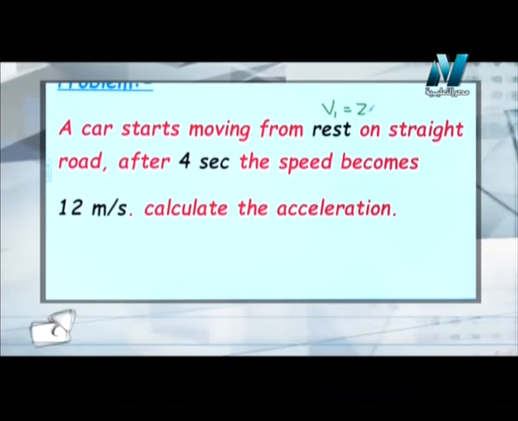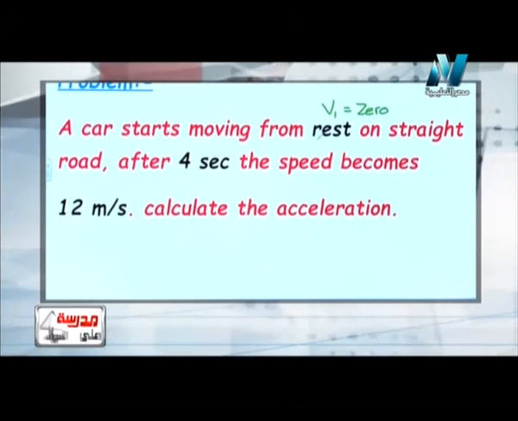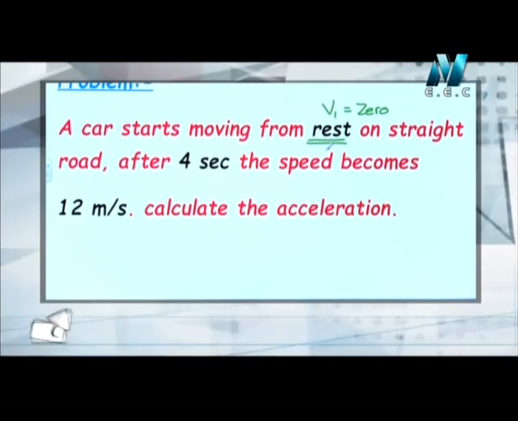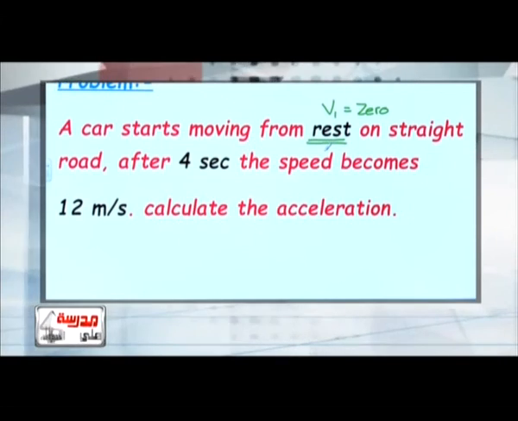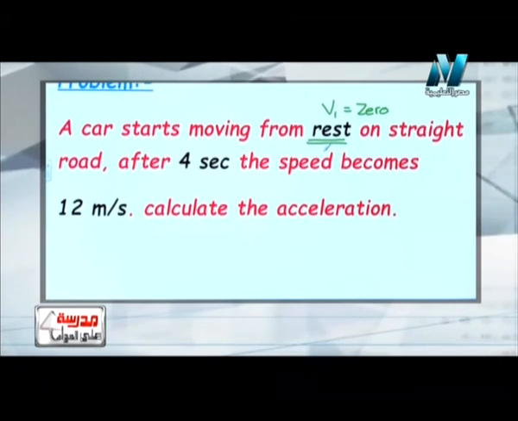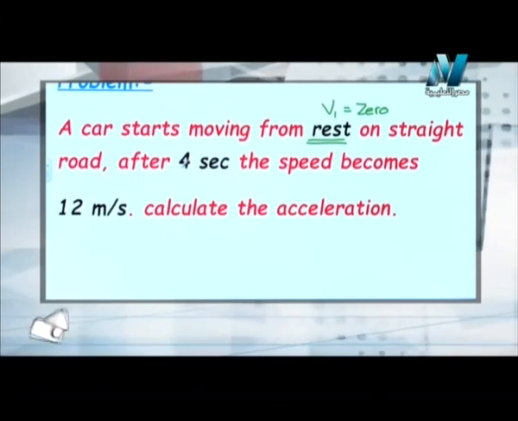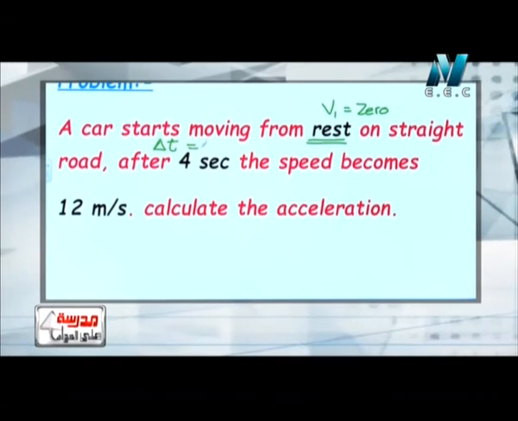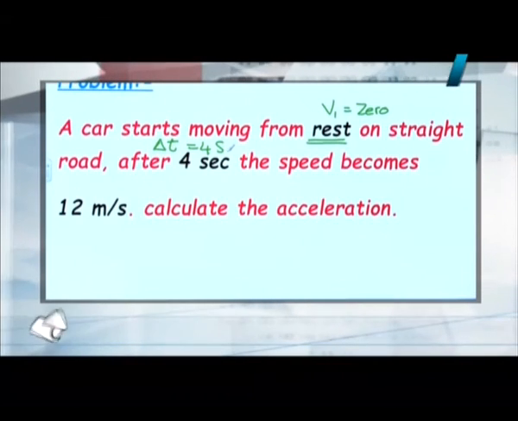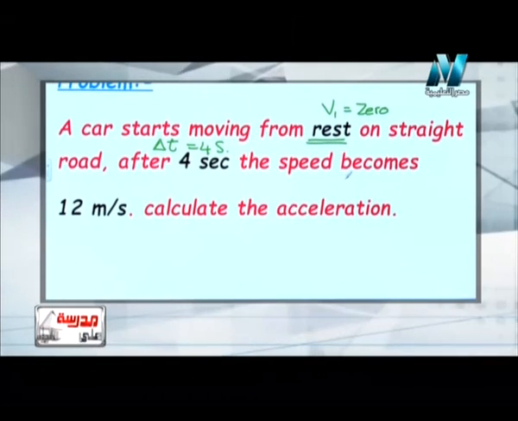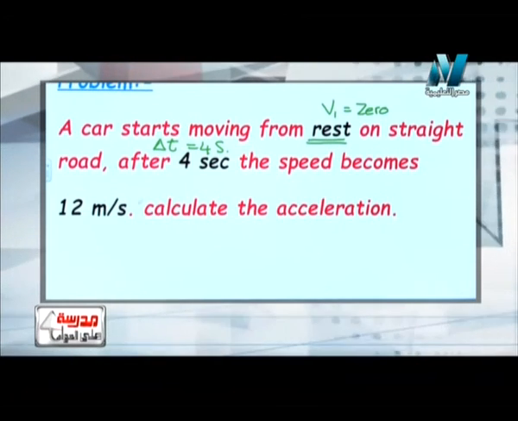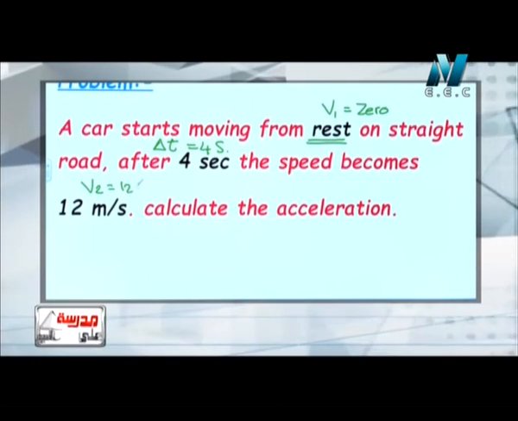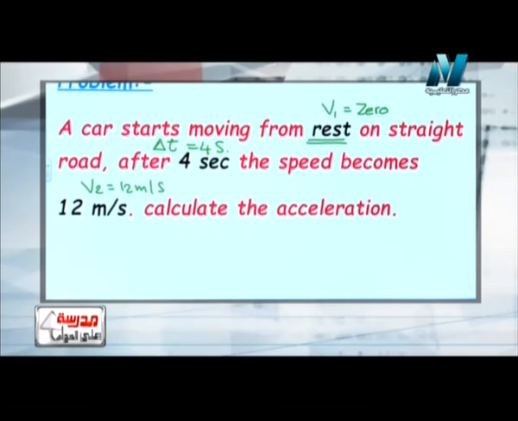V1 equals 0. Someone may ask how I know; I tell him because it says from rest. The car starts moving from rest on a straight road, and after 4 seconds, so delta t equals 4 seconds, the speed becomes 12 meter per second, so V2 equals 12 meter per second. Calculate the acceleration.